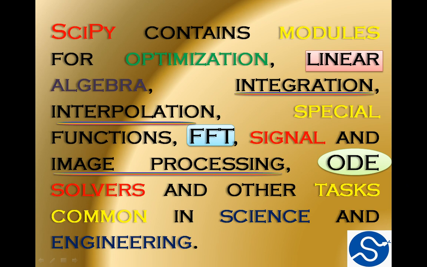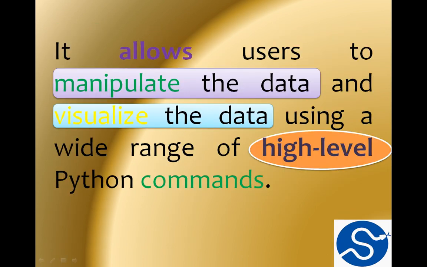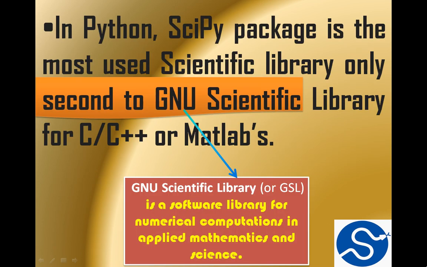So SciPy contains modules for optimization, linear algebra, integration, interpolation, special functions, FFT, signal and image processing, ODE solvers and other tasks that are common in science and engineering. SciPy allows users to manipulate and visualize data using a wide range of high-level Python commands.